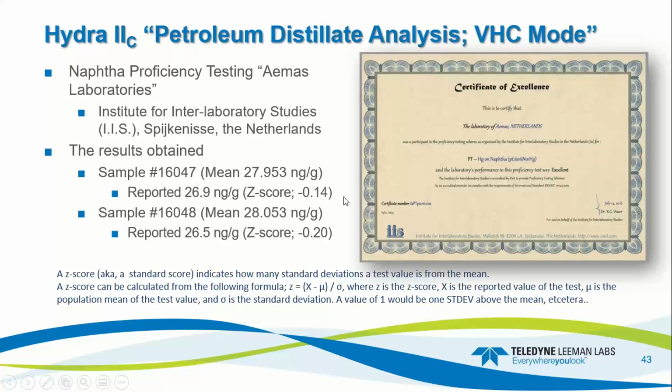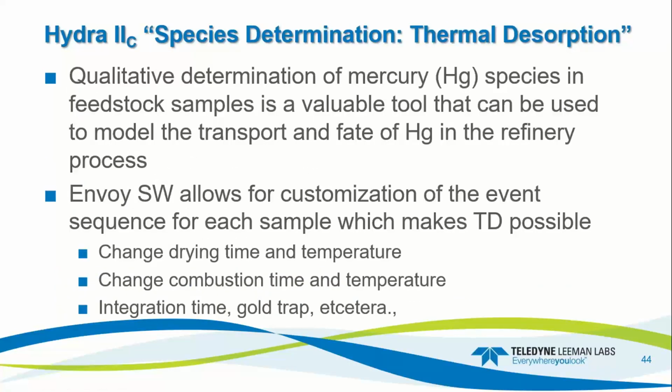And actually, of all the 30 or 35 participants in the study, this system, the Hydra 2C, along with the Amos Laboratories, got the best results and the lowest Z score out of all the participants.